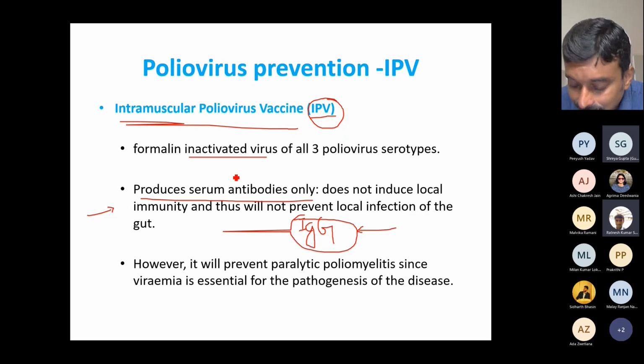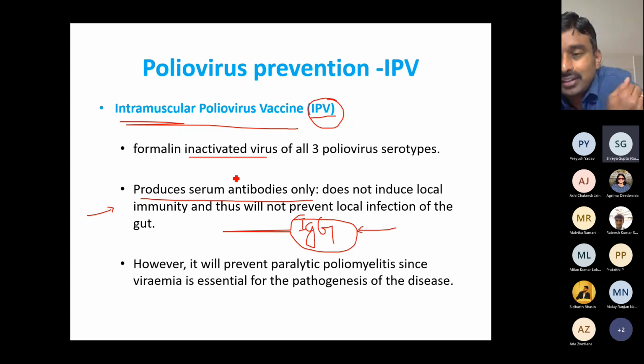So that's why it will remain only where it is being delivered physically. That's correct. If you inject it into the deltoid muscle of your hand, there are some antigen presenting cells locally, and those antigen presenting cells will take it up, and it will not replicate anymore.